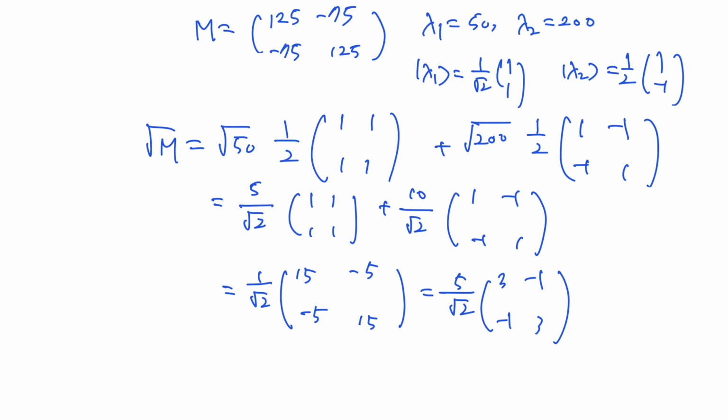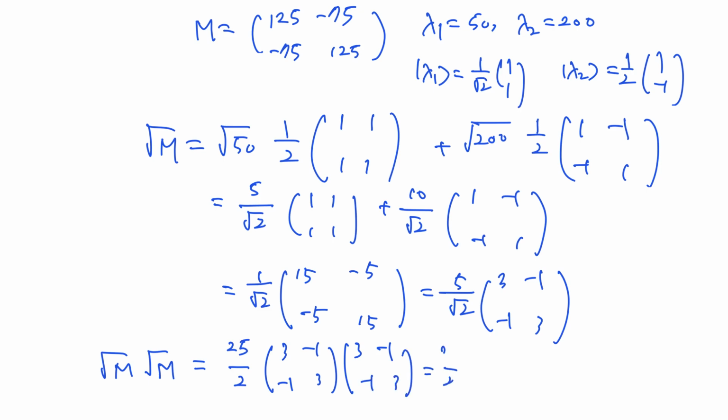This is weird, or amazing, that you can calculate the square root of a matrix. Let's check. What is root M times root M? It is 2 over 25 times (3, minus 1, minus 1, 3) times (3, minus 1, minus 1, 3).